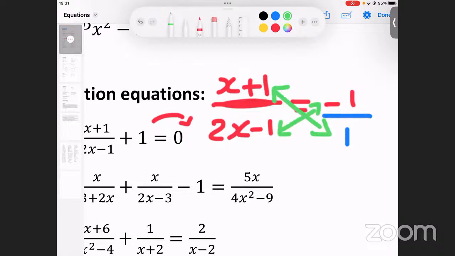This is just in case you are not sure about these things of the LCDs, because if your LCD is wrong, everything is wrong. But with cross multiplication, it helps you to avoid having to worry about what your LCD is going to be.